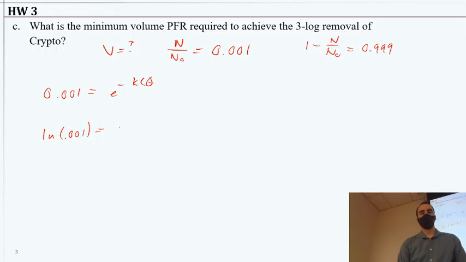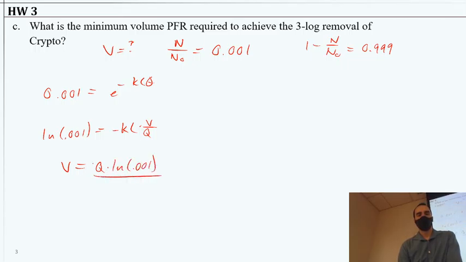That'll be natural log of 0.001 equals negative kc times, and instead of theta, I'm going to put it as V over Q. Solve for V, and we should get Q times the natural log of 0.001, this is going to transfer the negative, over that divided by essentially k star here, k times c, and that'll be our solution.